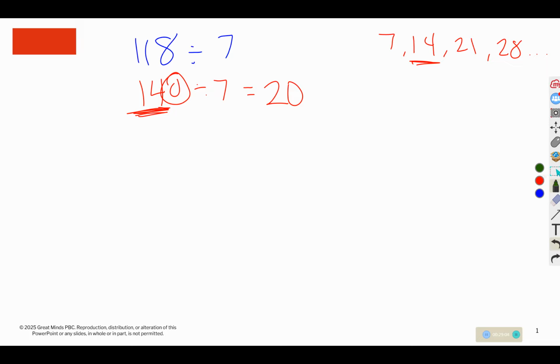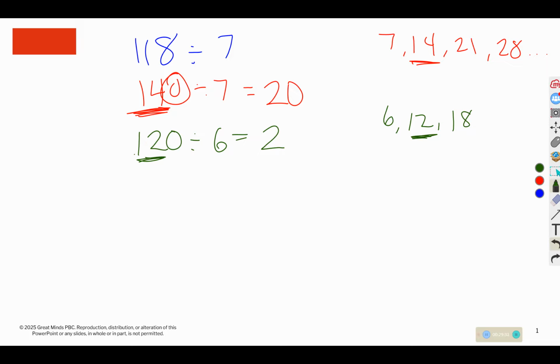However, if we wanted to round it to 120, maybe we wouldn't use 7. Maybe we would use a different number. We could round 7 down to 6 because 6, 12, 18, you can see the 12 here is going to be divisible by 6. 12 divided by 6 is 2.